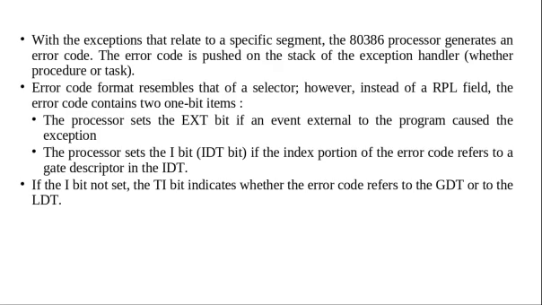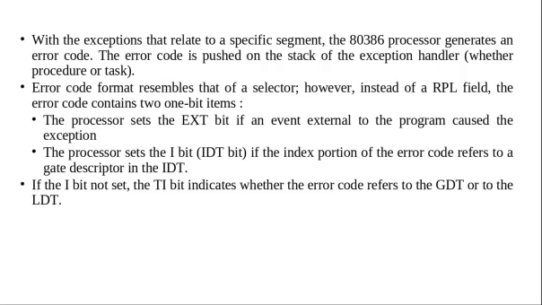In this video we will see what the error code is, what the format of the error code is, and when that error is generated. First of all, what is that error code? It is associated with an exception that relates to a specific segment. We have different segments: stack segment, code segment, or data segment.